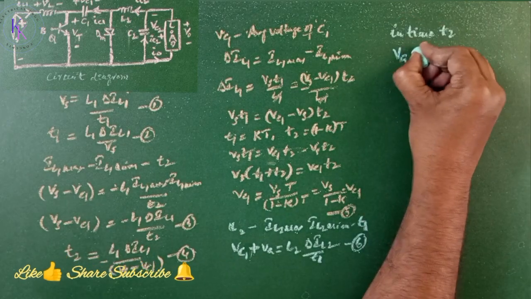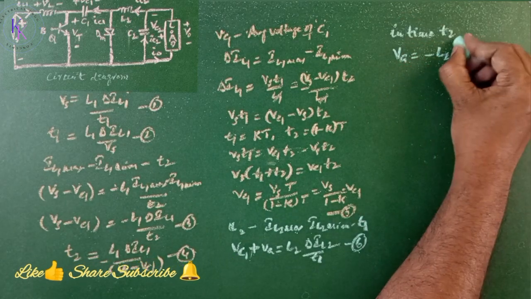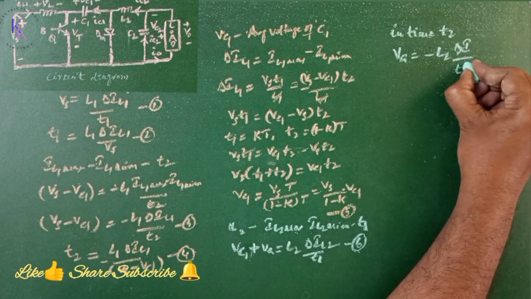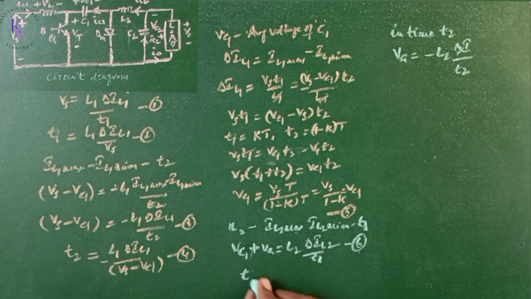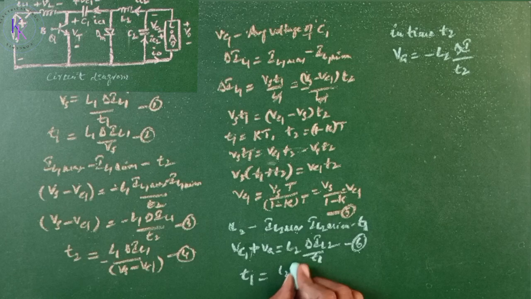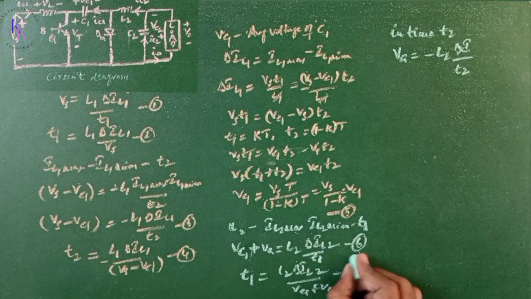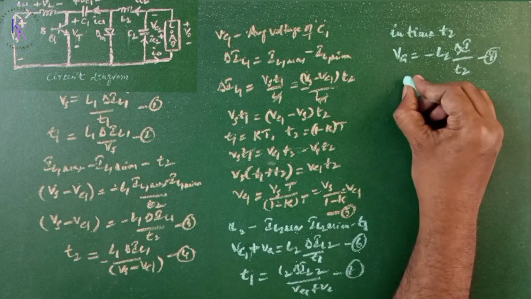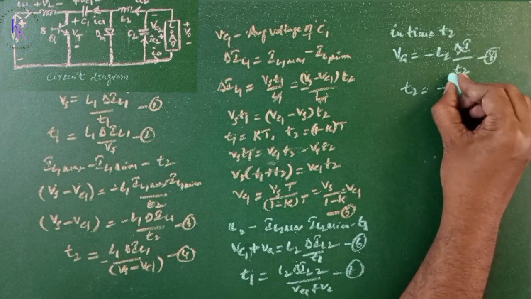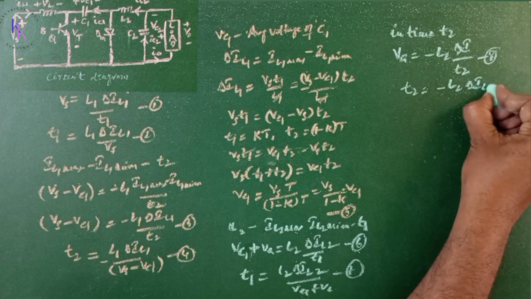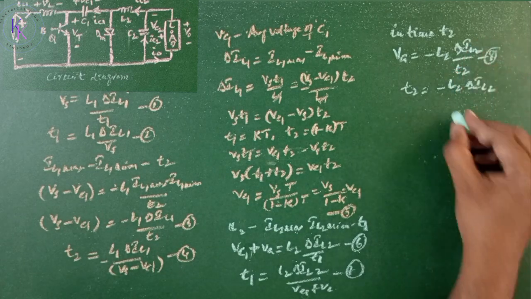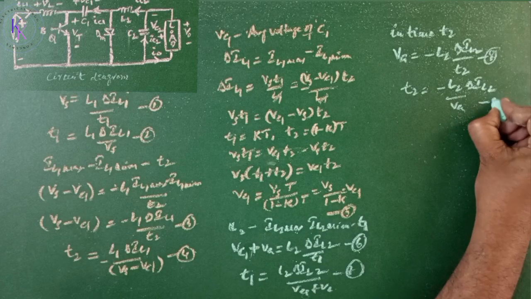The output Va equals minus L2 delta I divided by t2, equation 8. From equation 6, t1 equals L2 delta I L2 divided by Vc1 plus Va, that is equation number 7. From equation 8, t2 equals minus L2 delta I L2 divided by Va, that is equation number 9.